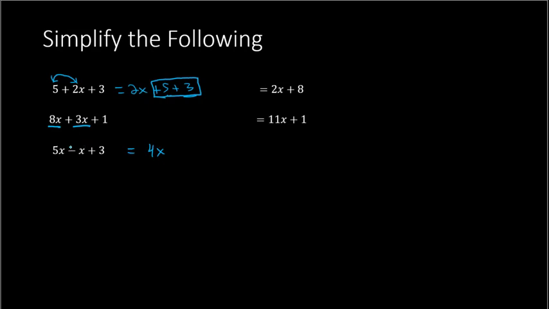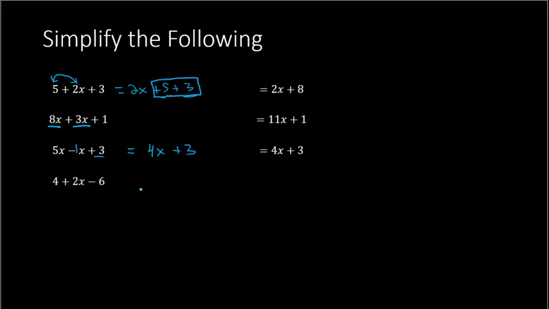Right? If you take 5 x's, and then you take away 1x, you're left with 4 x's. And then you have a plus 3 as well. And the 4x and the 3 do not combine because those are totally different things. It's like trying to combine squares and circles. They're not even the same thing. So your solution, your simplified answer, is 4x plus 3.